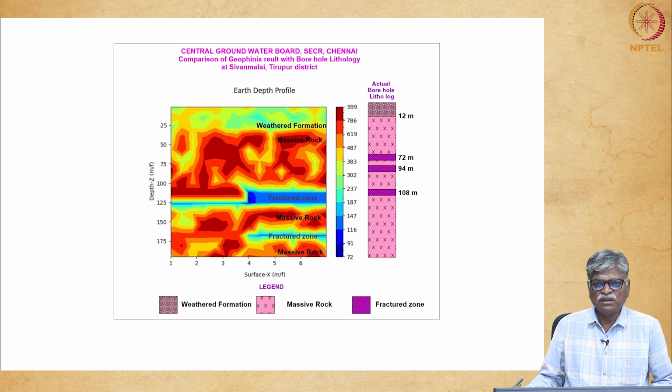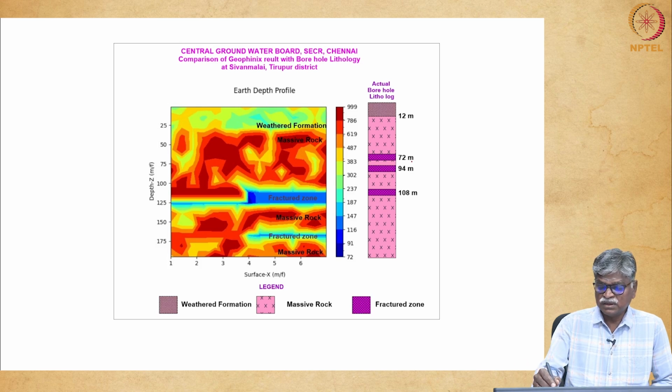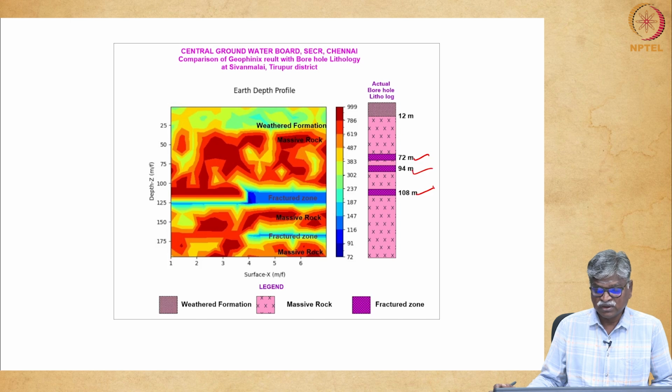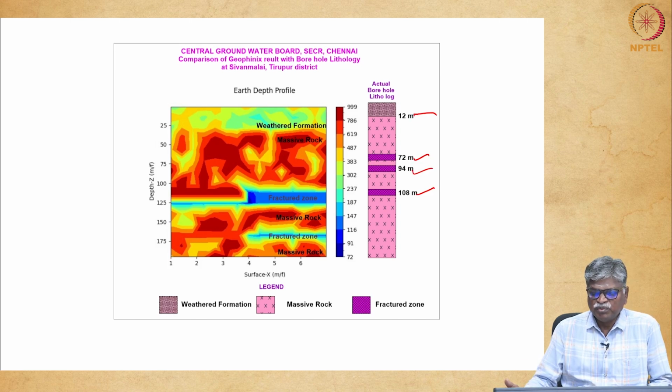You see, this is also through geophonics long range. There are three sets of fracture you got. Same thing, the weathering is up to 12 meter, and up to 12 meter you put the casing.